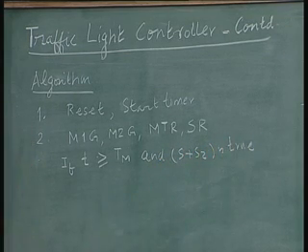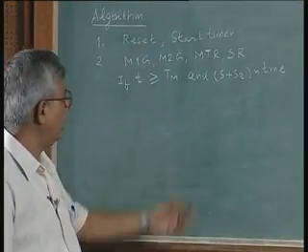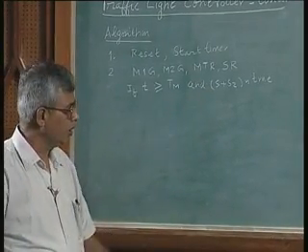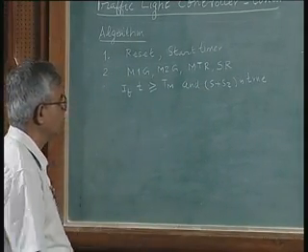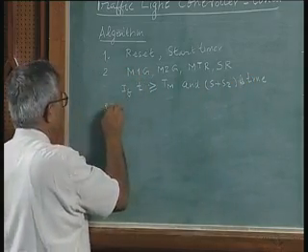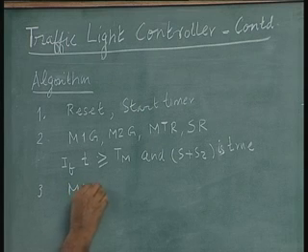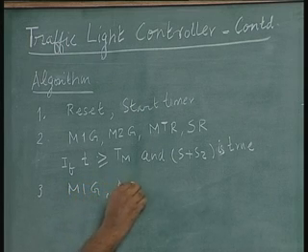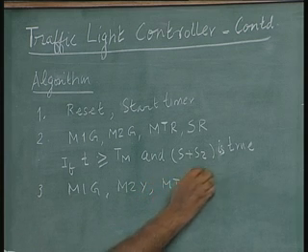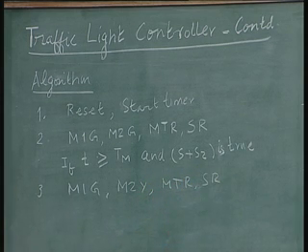That means after a specific time has elapsed with the main road green, and also if one of the two sensors S1 or S2 is activated, we will go to step 3, where we retain main 1 green, main 2 will become yellow, turn will be red, side will still be red.